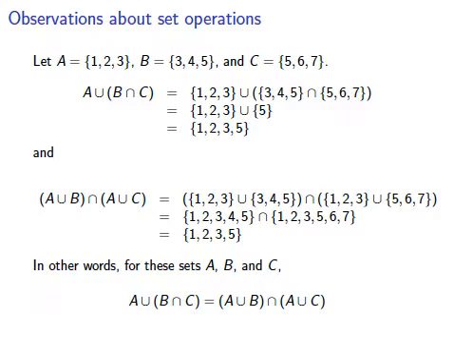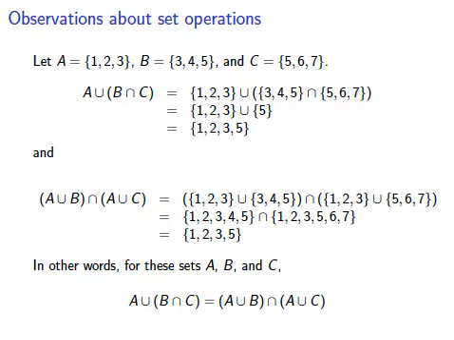Let's evaluate A union with the quantity B intersect C. Substitute in the specific values of A, B, and C. Then compute the intersection of B and C, that is, the intersection of set 3, 4, 5 and the set 5, 6, 7 to get the set 5. Then union that with set A, that is, union set 1, 2, 3 with our previous result, set 5, to get our final result here, the set 1, 2, 3, 5.